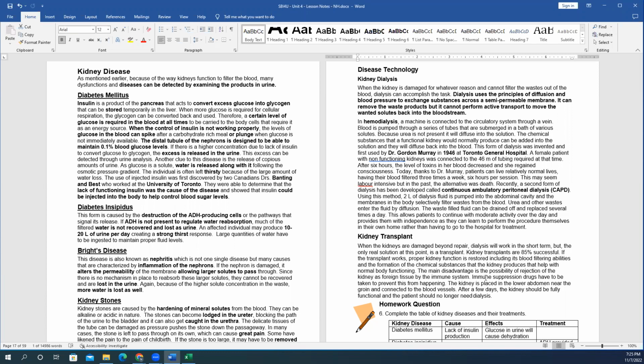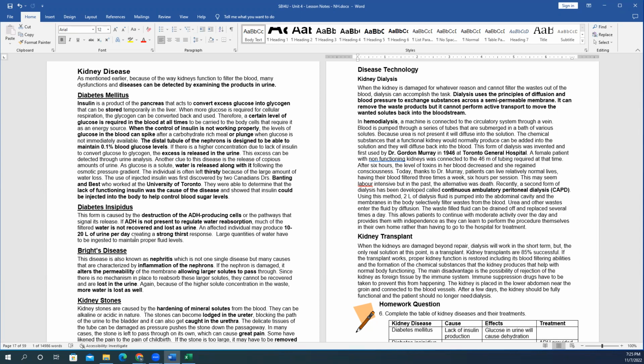So there are two types of diabetes: diabetes mellitus and diabetes insipidus. In diabetes mellitus, you have insulin, which is produced by the pancreas. This will act to convert any excess glucose that you have into glycogen, which gets stored in the liver.